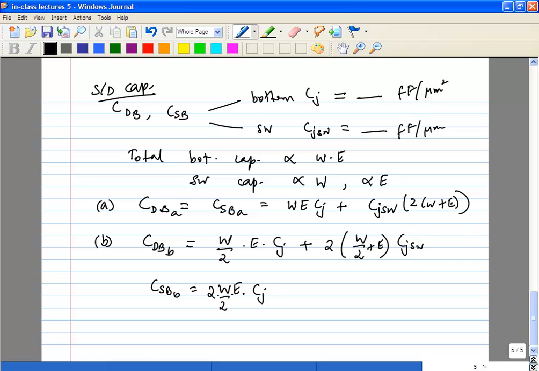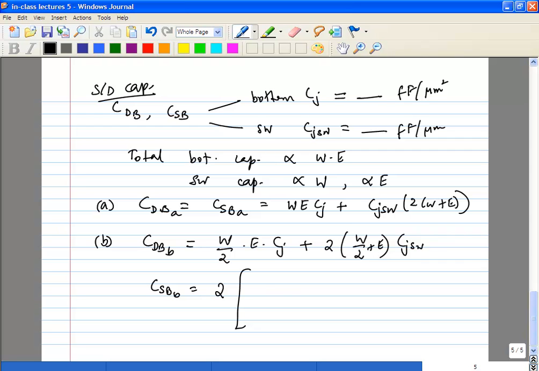Source bulk capacitance, you have 2W by 2 times E, because you have two sets of diffusions, plus you have 2 into... okay. So let's write in a slightly different way. Let's just do the single one and multiply it by 2.